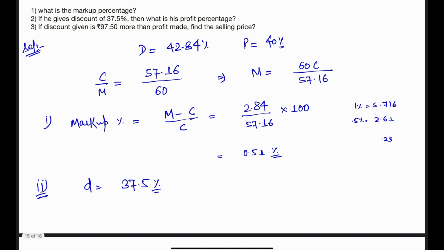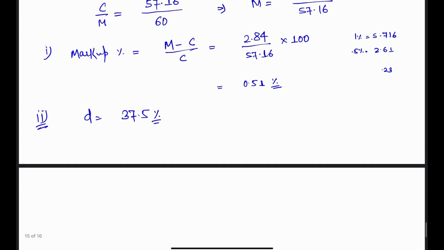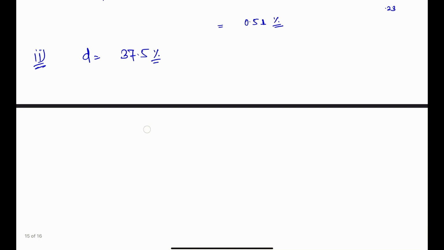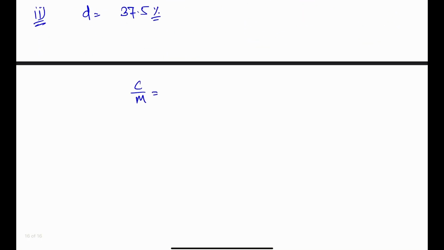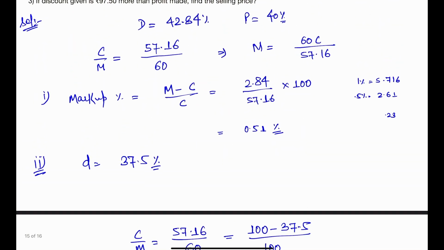Okay, so from the beginning I can find the C by M ratio as 57.16 upon 60 equal to 100 minus D, 37.5 upon 100 plus P, right?